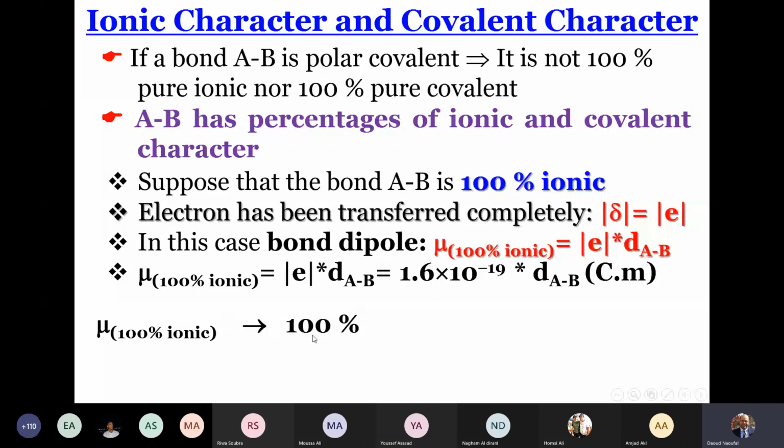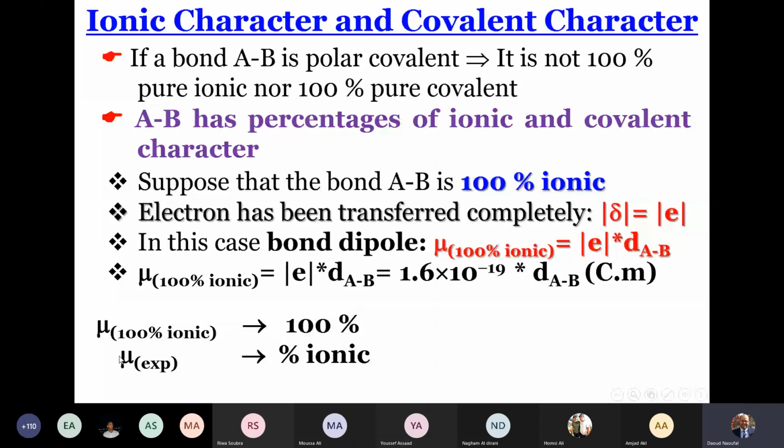If the bond is 100% ionic, it will have the value mu 100%. For the mu experimental, or the mu given, or the real value of mu AB, I can find directly the real percent ionic. So for mu 100%, we have 100% ionic character.